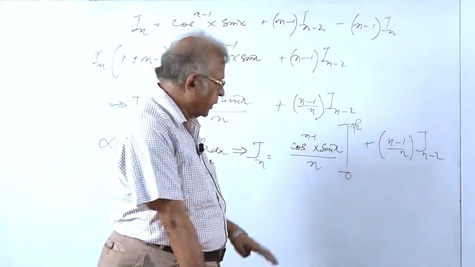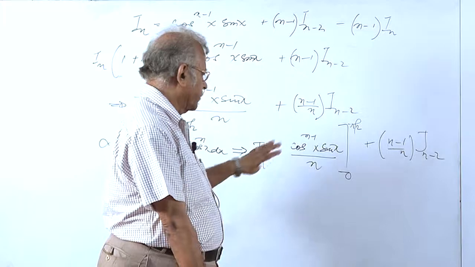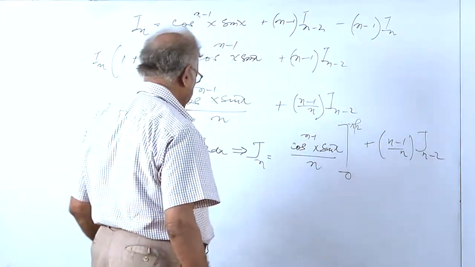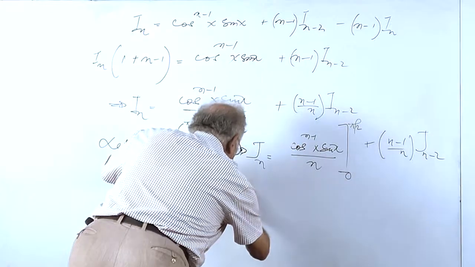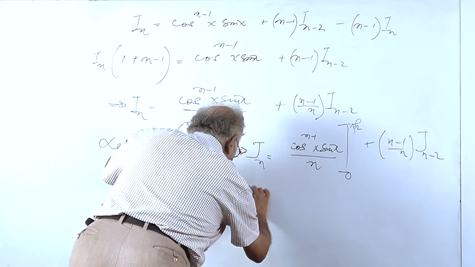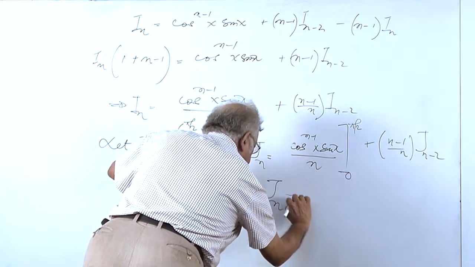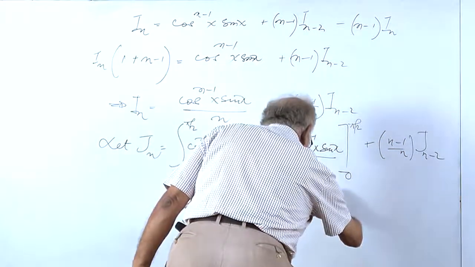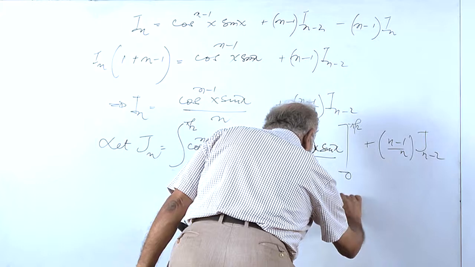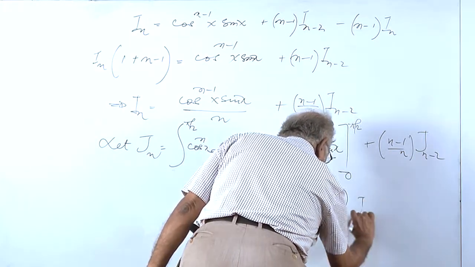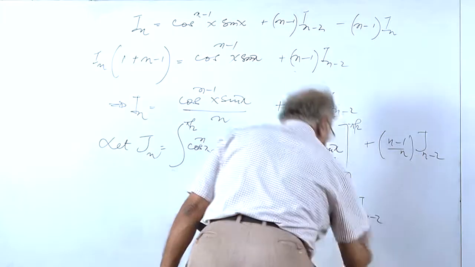So the important thing to realize is that this term with limits just vanishes, and we get a result in which we write that J sub n is nothing but n minus 1 over n J sub n minus 2.